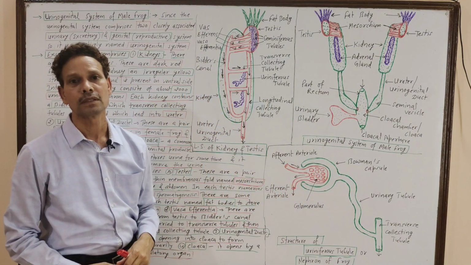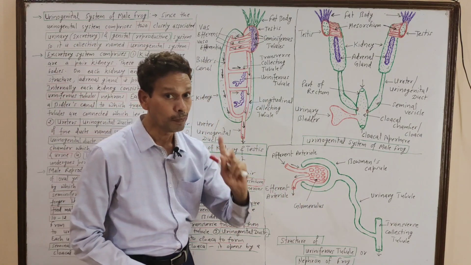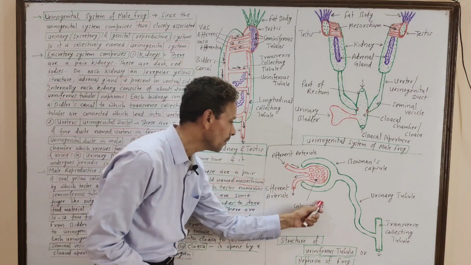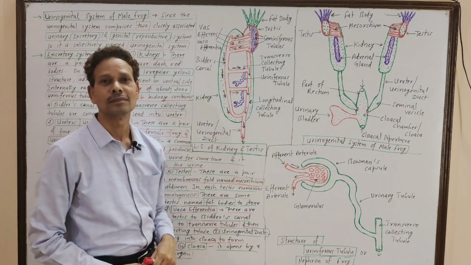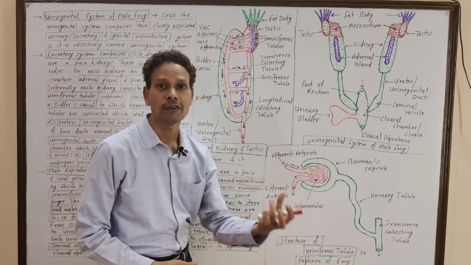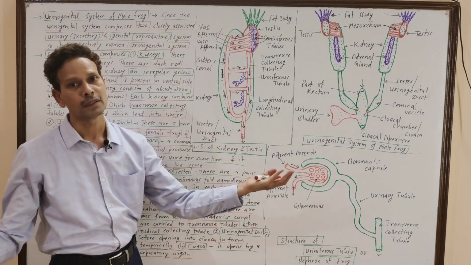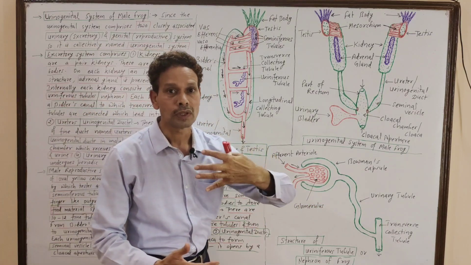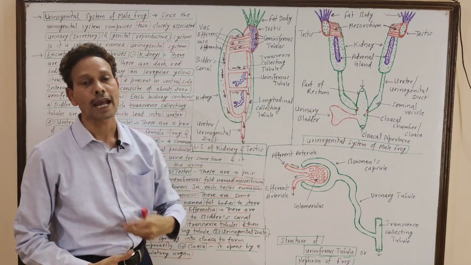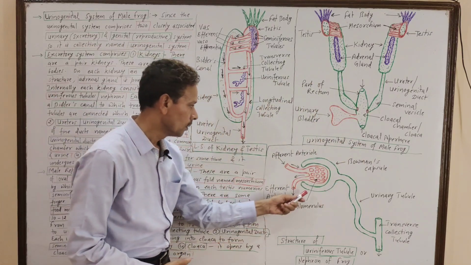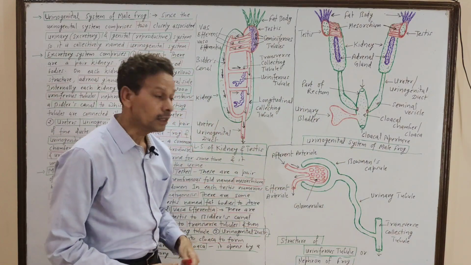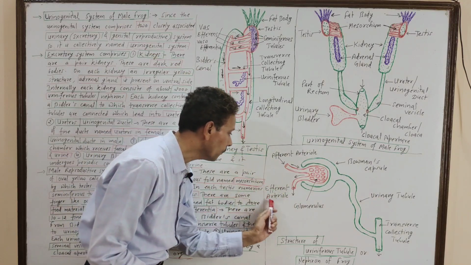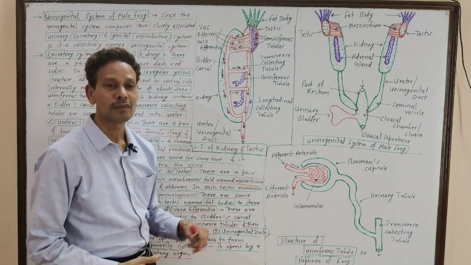capillaries develops. That network of blood capillaries is named the glomerulus, and it is involved in the filtration of blood to remove nitrogenous waste products, excretory products. Another blood vessel, this one, is the efferent arteriole.